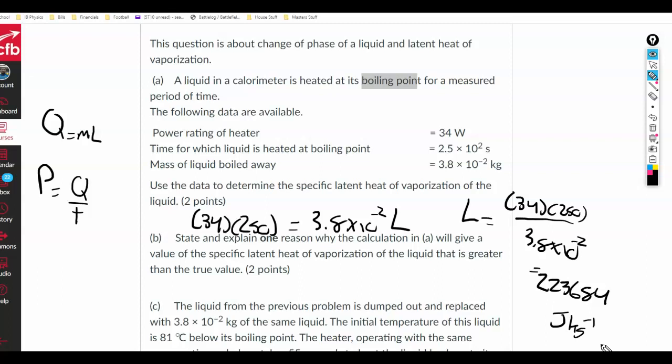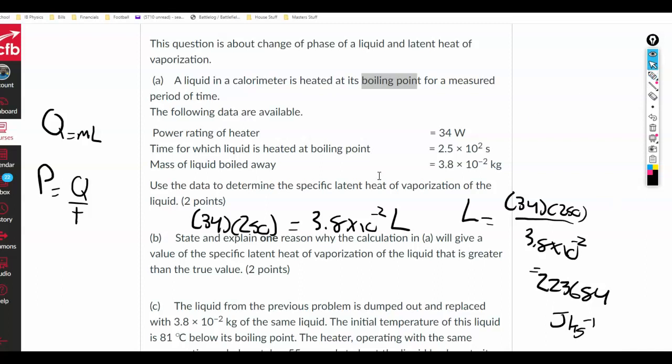We're assuming it's 34 joules per second, but in actuality, it's probably less than 34 joules per second because some amount of that power or heat is going to go to the surroundings. So in this calculation, we're overestimating the amount of heat going into the liquid.